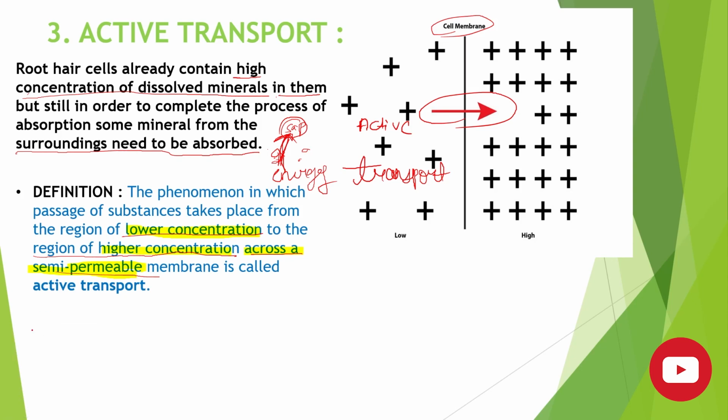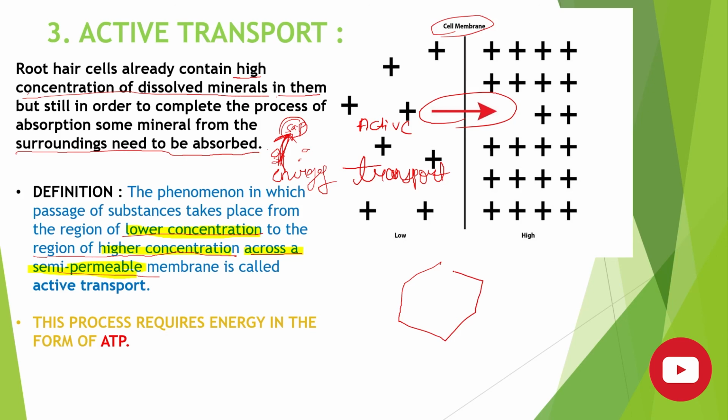Semi-permeable membrane, why? Because just have a look at this particular thing. Let us consider a plant cell here. This is a cell wall. This is a cell membrane inside the cell wall. Just a sec, let me draw it again.